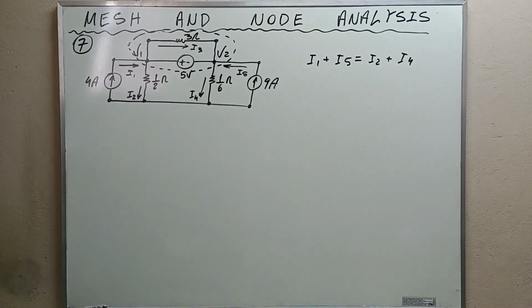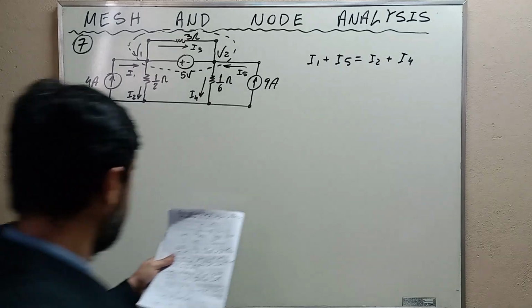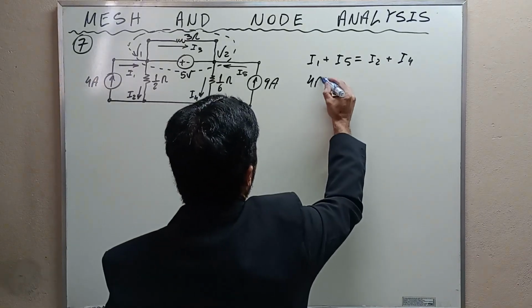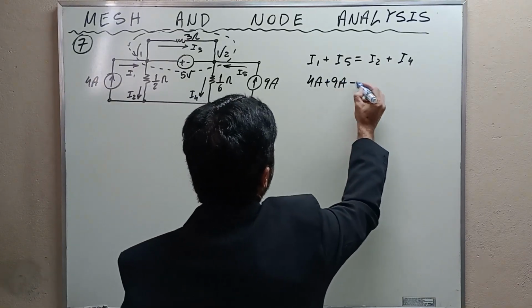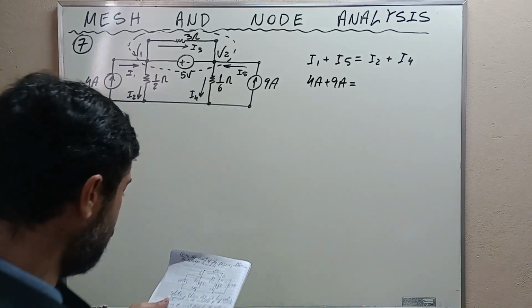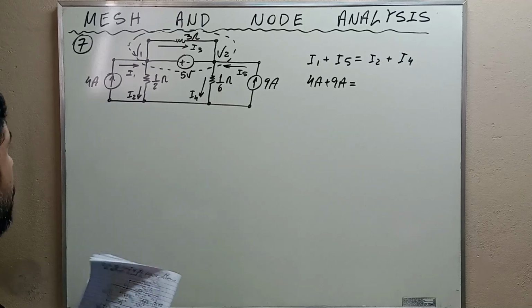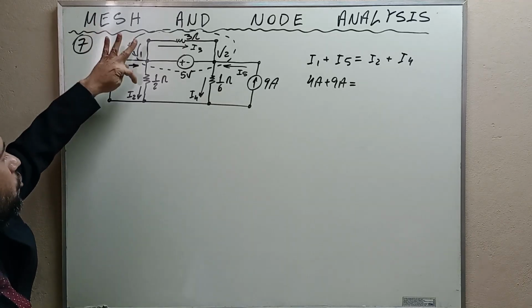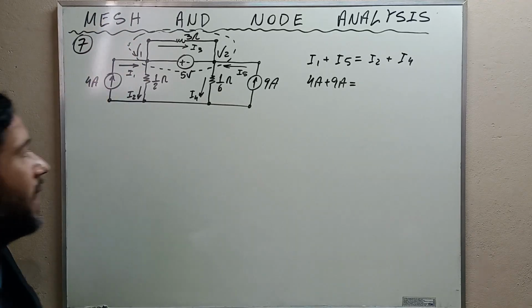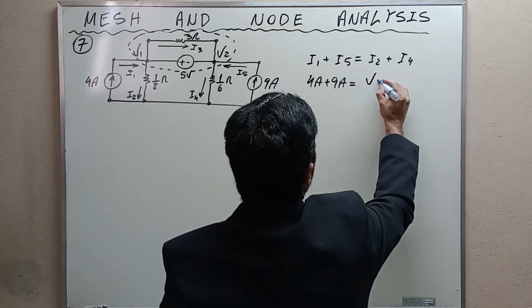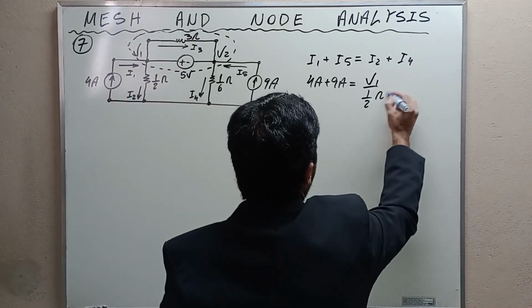I1 is 4 amps and I5 is 9 amps. 4 amps plus 9 amps is equal to I2 plus I4. I2 is V1. Observe that I2 is V1 divided by a half.